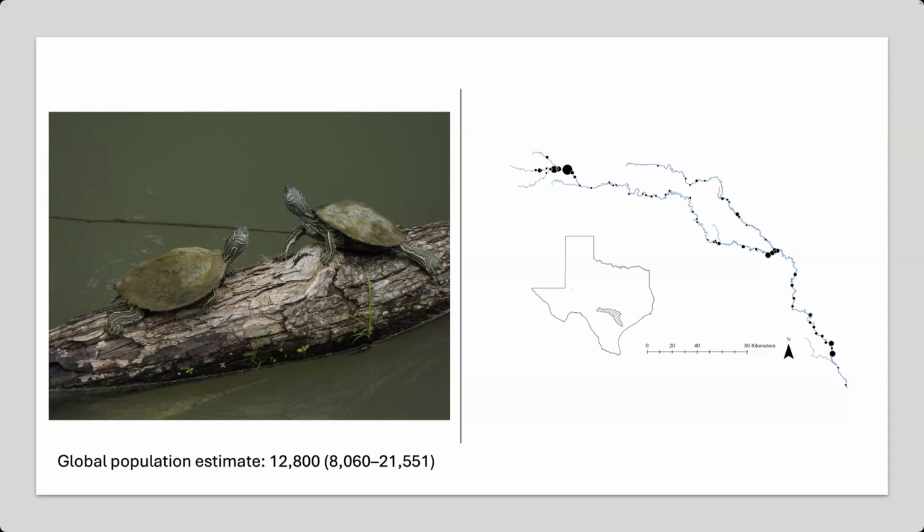We do have a 50% credible interval of about 8,000 to 21,000 individuals. So you can see that there's a high bit of variation around the abundances. And this makes sense because, of course, we modeled using a binomial distribution, which has wide credible intervals.